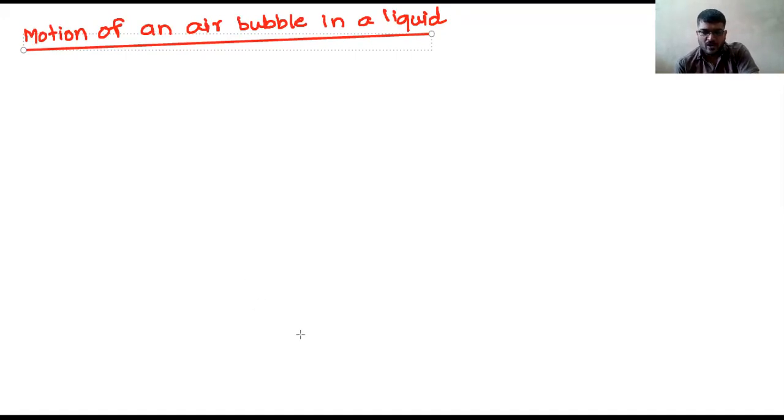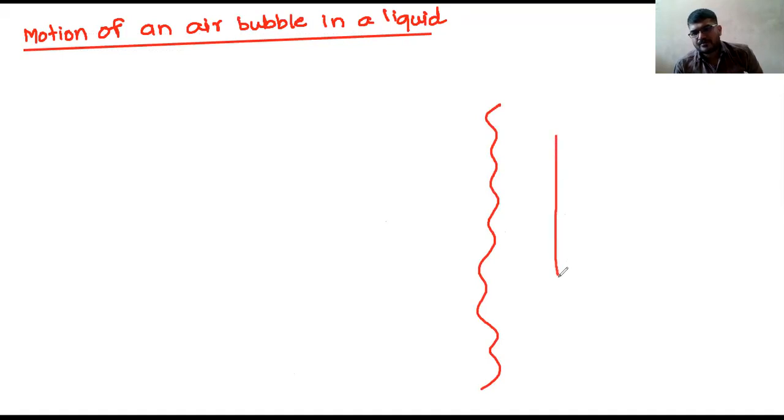So before going forward, let me tell you one important thing and some basic concept that you see here. Suppose you are having a container, I have drawn here, you can see.